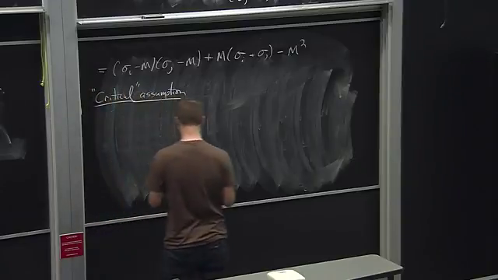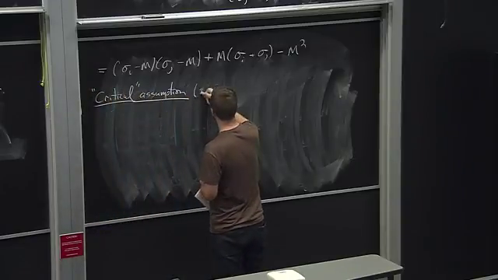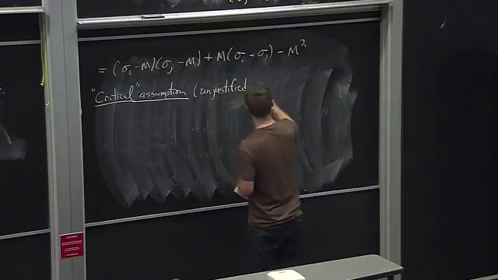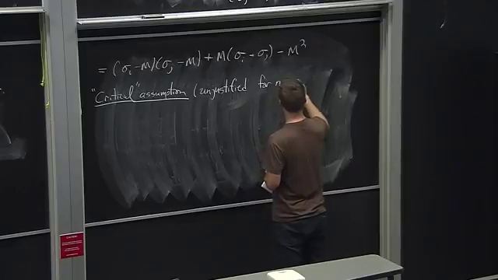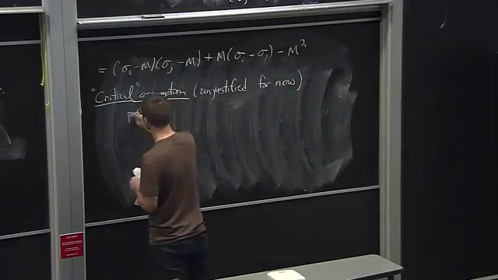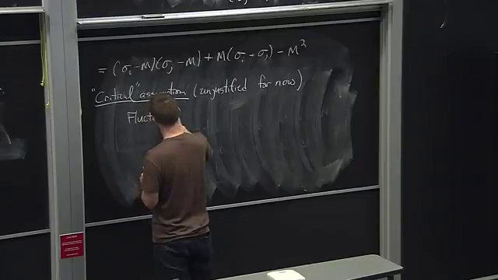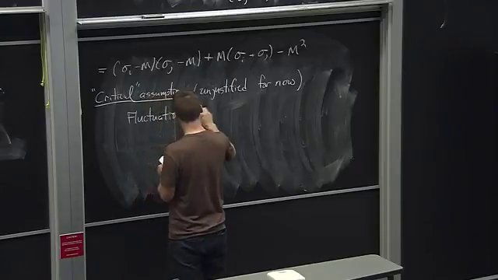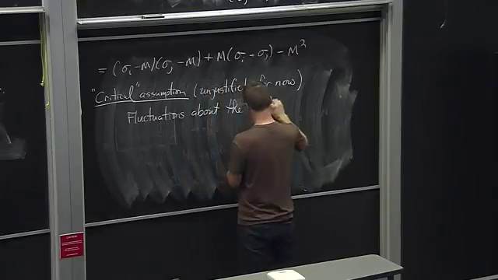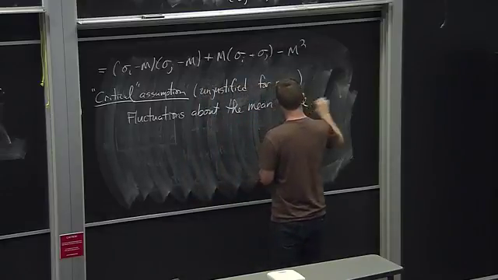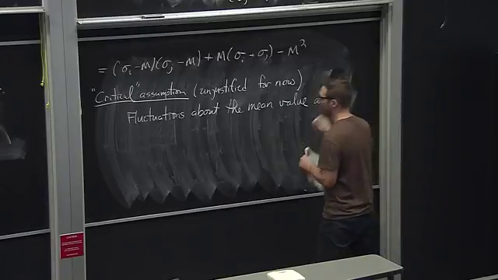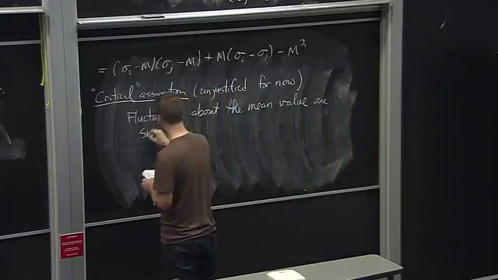Critical. And this requires some thought. Let's just leave it unjustified. The mean value is m, the magnetization, by definition.